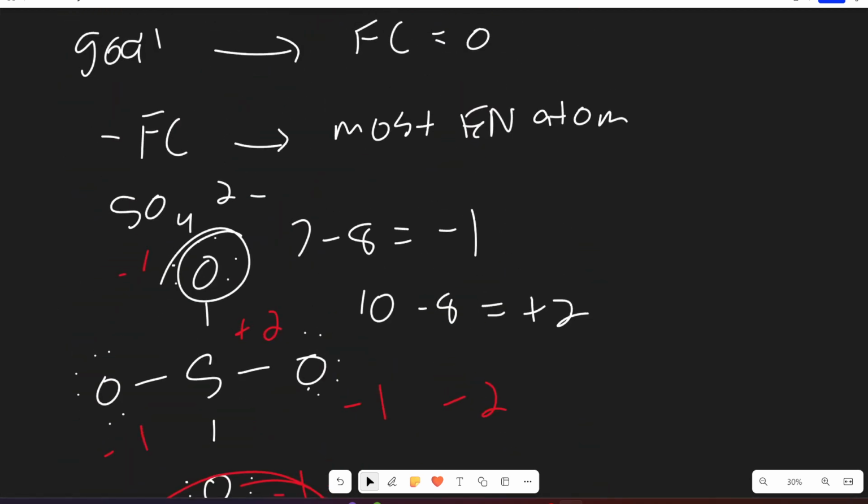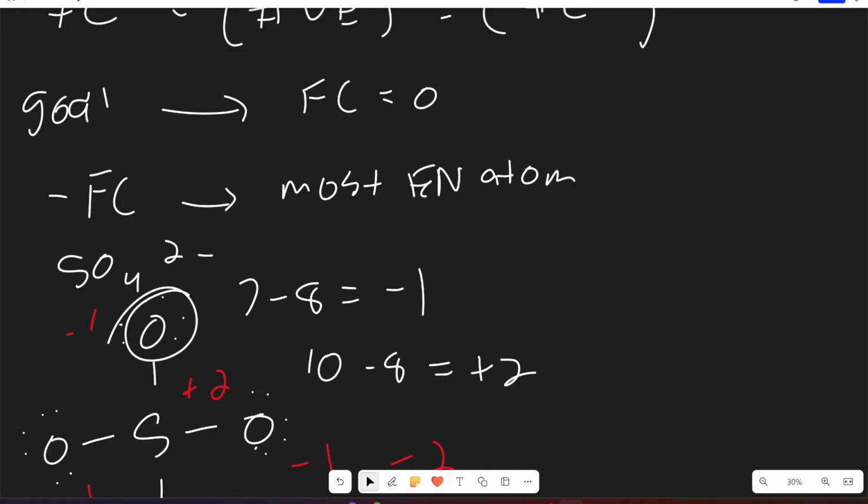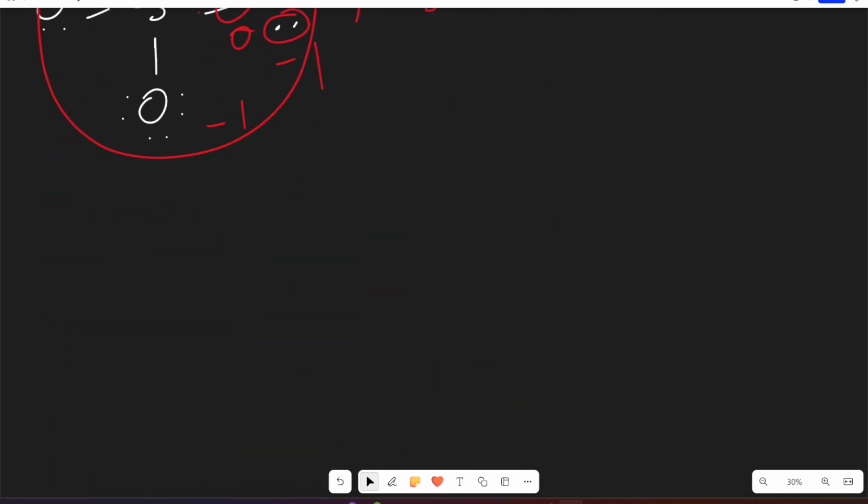Basically, you just want to write out, and they'll probably give you multiple Lewis structures, just make sure that you refer to this formula over here for formal charge: the number of valence electrons minus the number of electrons that are actually assigned to the atom, that will give you a formal charge.